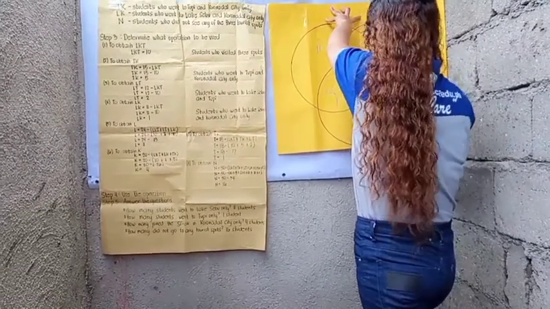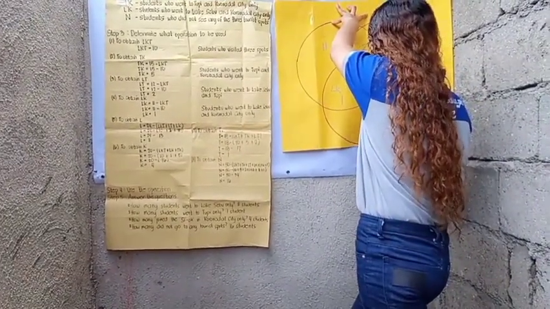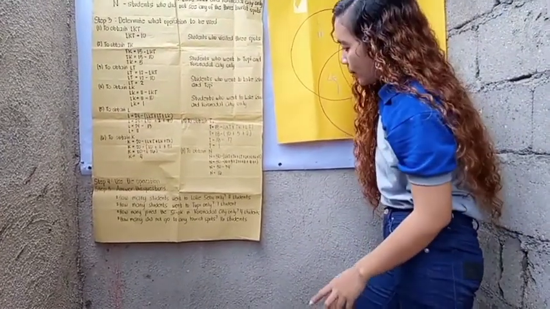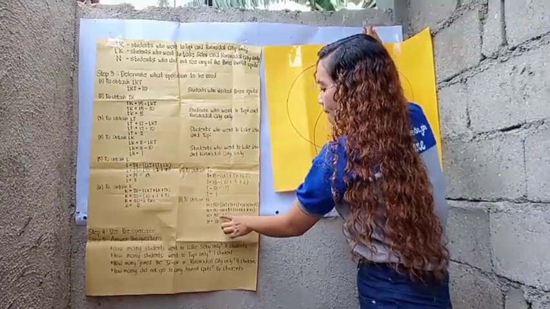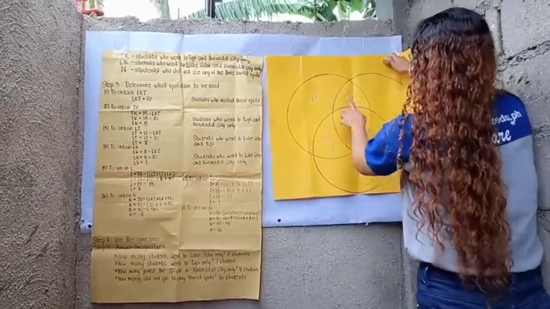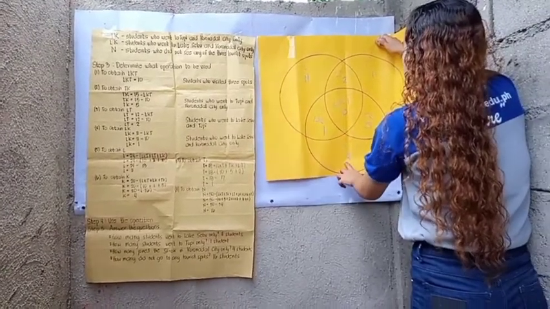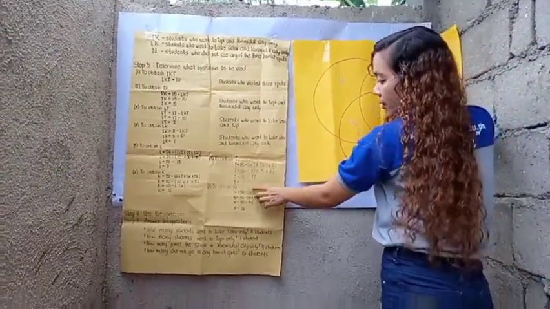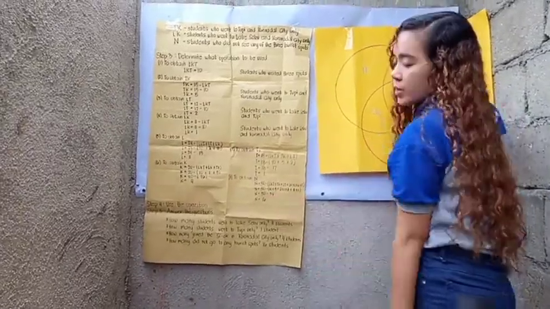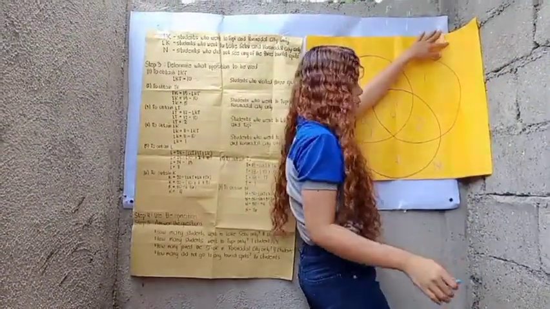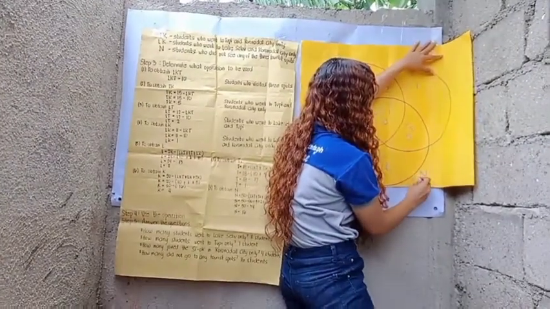We have K for 4, and then 1 for the Tupay place. So we have 50 minus 11 plus 2 plus 1 plus 10 plus 1 plus 4 plus 5 is equal to 34. So 50 minus 34 is equal to 16. So there are 16 students who did not go to any of the 3 spots.